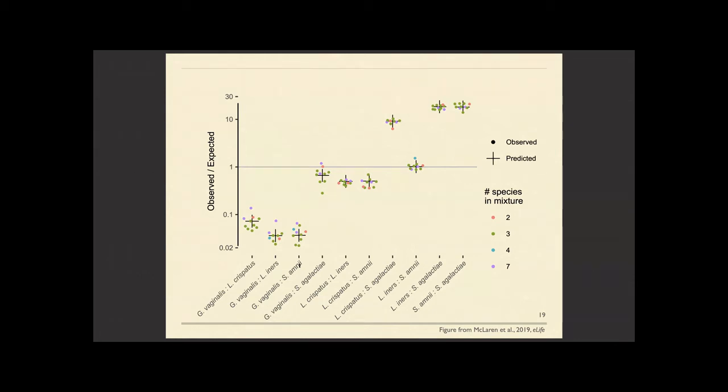So here are about 10 more different pairs of taxa, and we can see that the ratio of one taxon to another, keeping in mind that their actual ratio is 1:1, tends to be very consistent regardless of the other taxa in the mixture, and also the number of other taxa present in the mixture. This figure is taken directly from McLaren and co-authors, the eLife paper that I mentioned earlier.